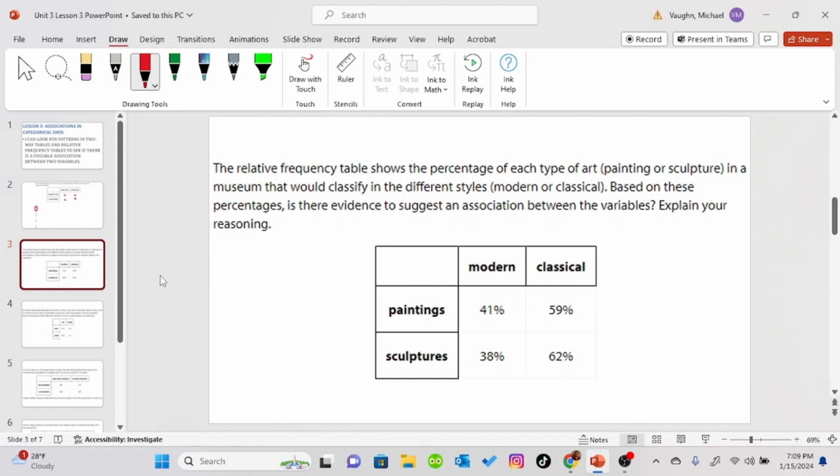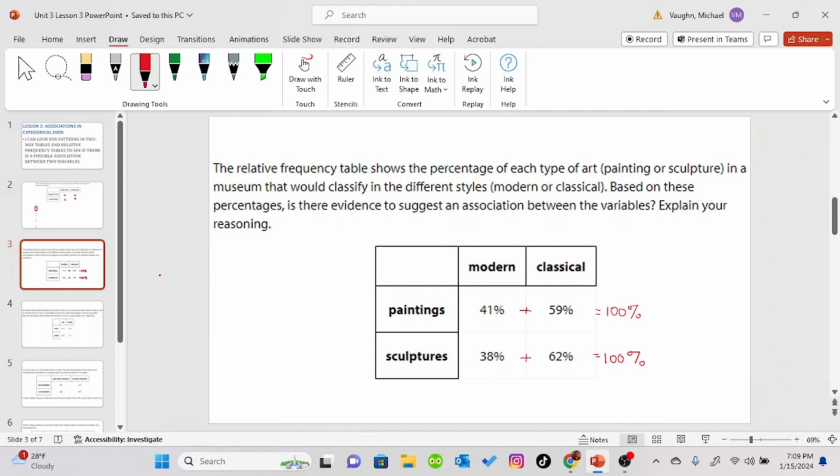Explain your reasoning. So what you need to notice is that this is a row relative frequency table because they're adding the two categories of paintings to get 100%, and they're adding the two categories of sculptures to get 100%.